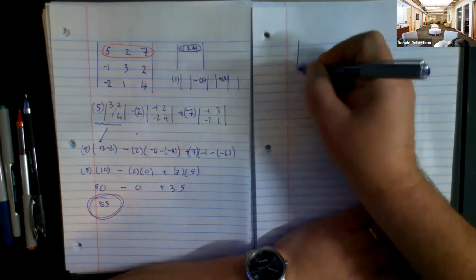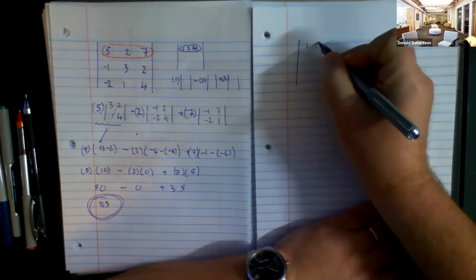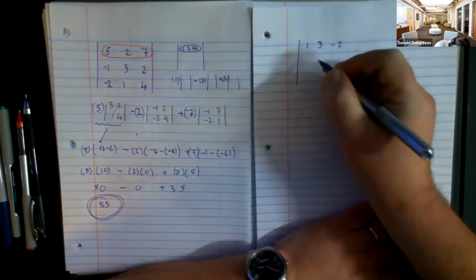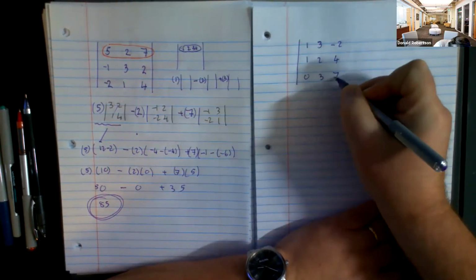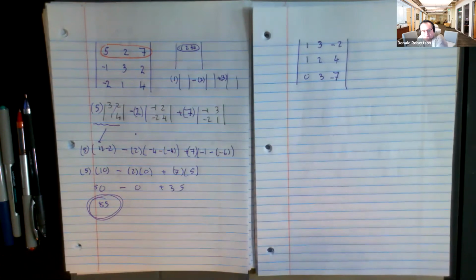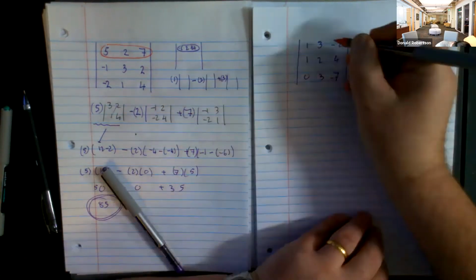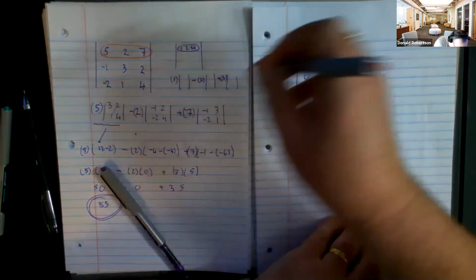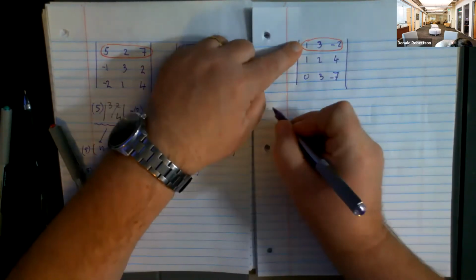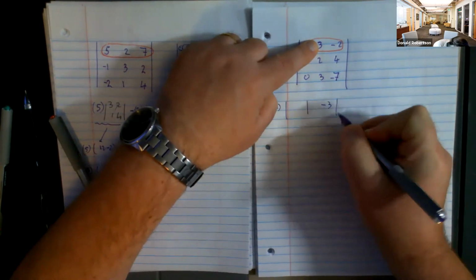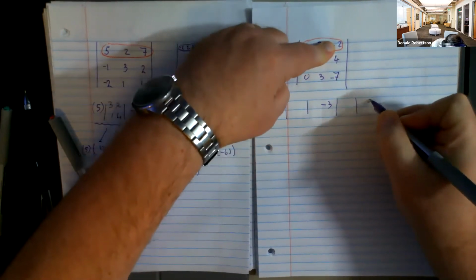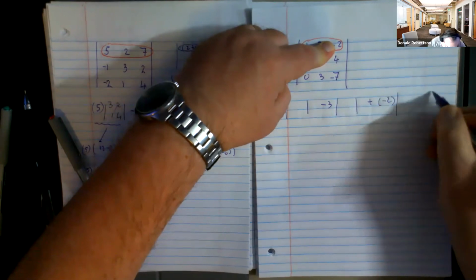Right, do another one. 1, 3, -2, 1, 2, 4, 0, 3, -7, right? Start with the first row. So it's going to be 1 times something, take away 3 times something, plus -2 times something.